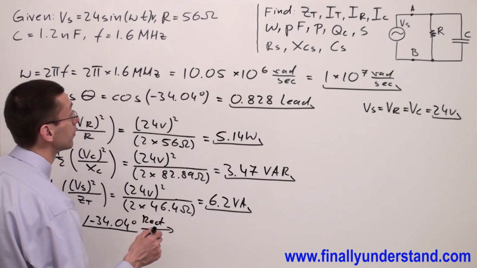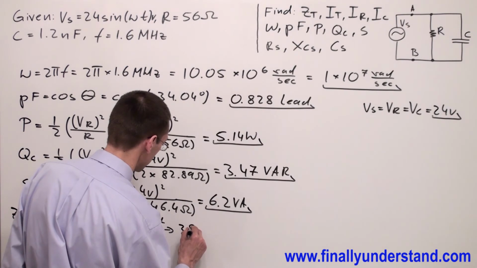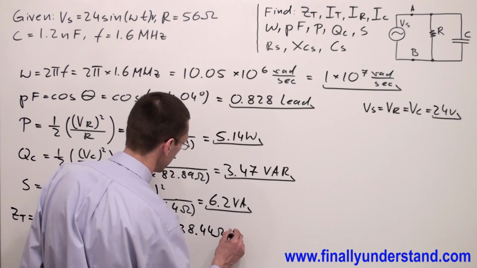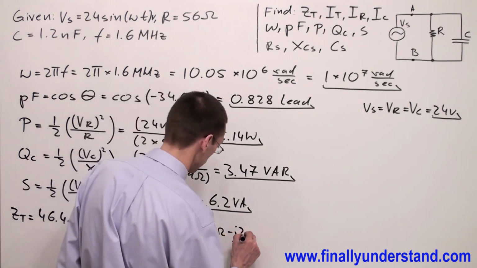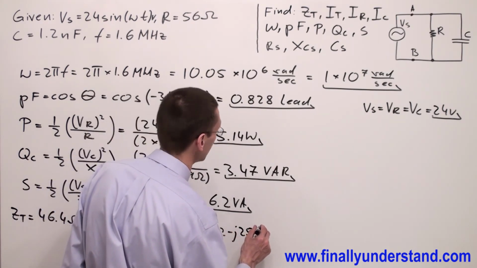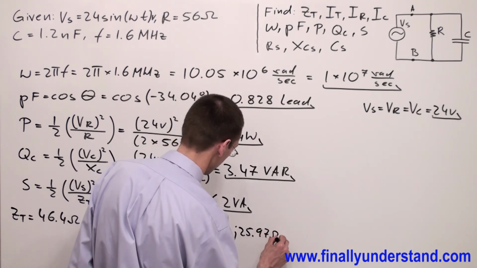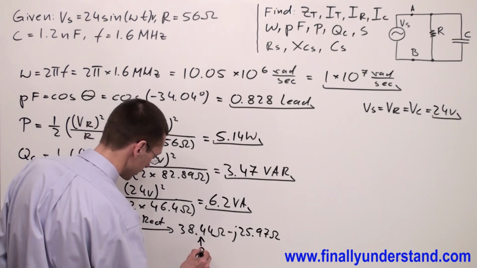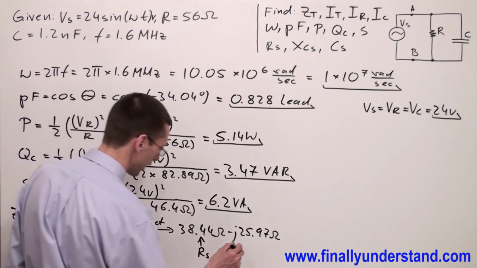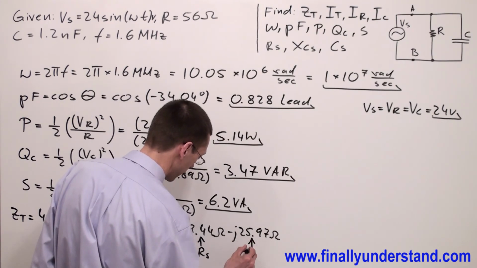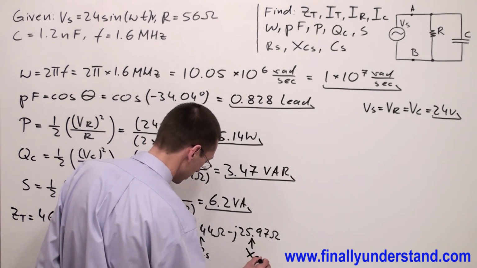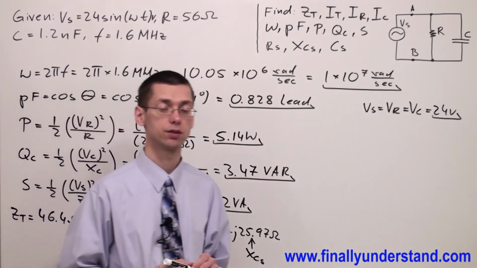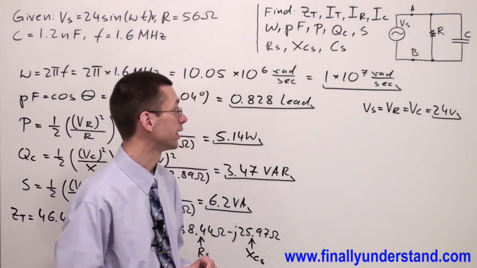And you will obtain 38.44 ohms minus j 25.97 ohms, where the real part is my resistance, R_S, and the imaginary part is my capacitive reactance, X_C of S.